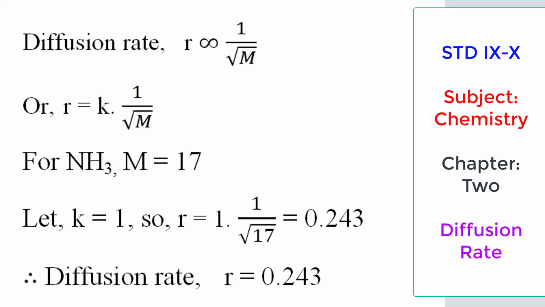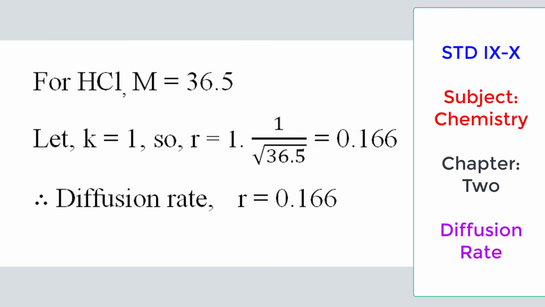For ammonia, the molar mass is 17. Let K equal 1. So R equals 1 into 1 by root over 17, equal to 0.243. That means finally the diffusion rate R for ammonia equals 0.243.